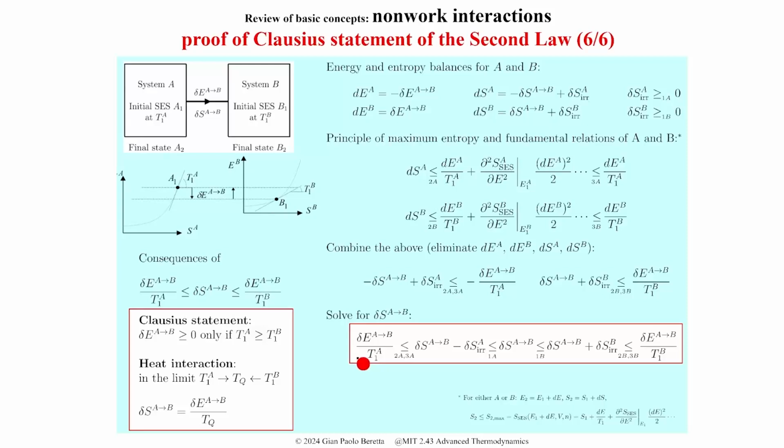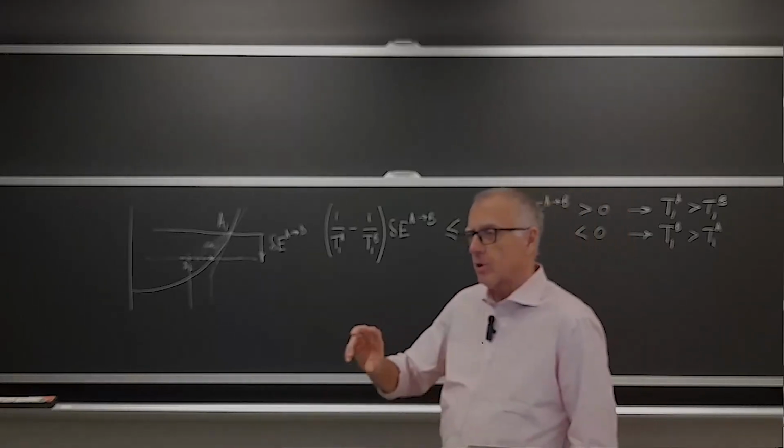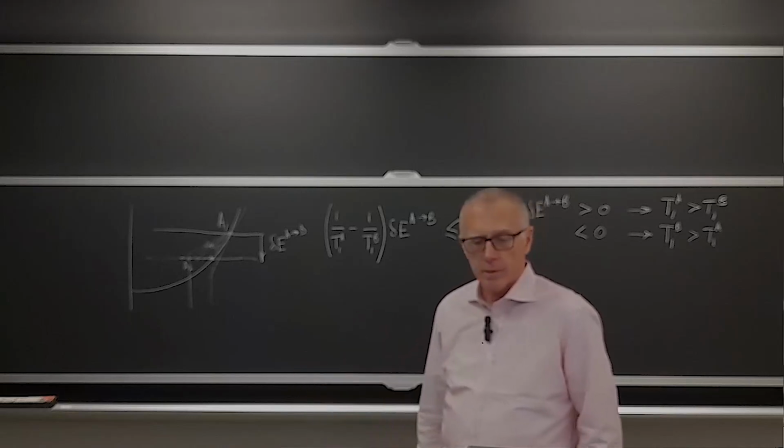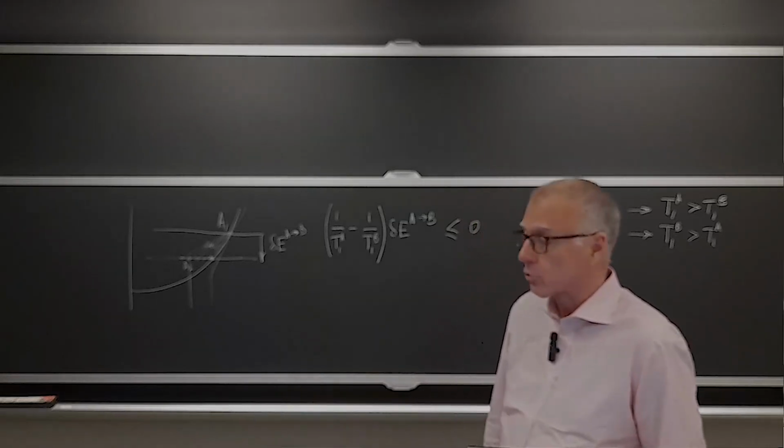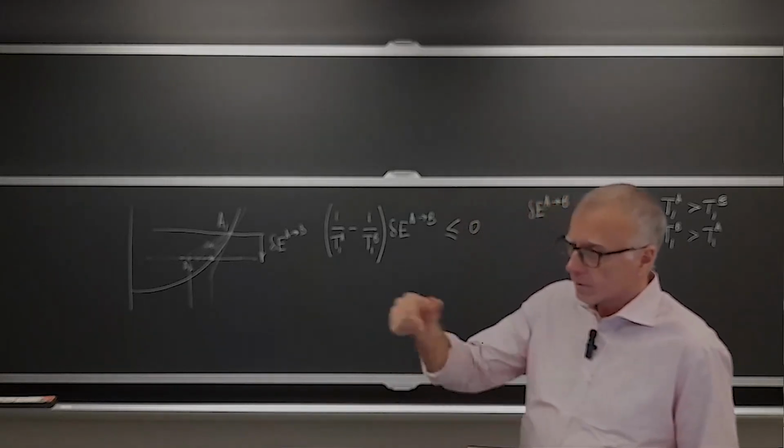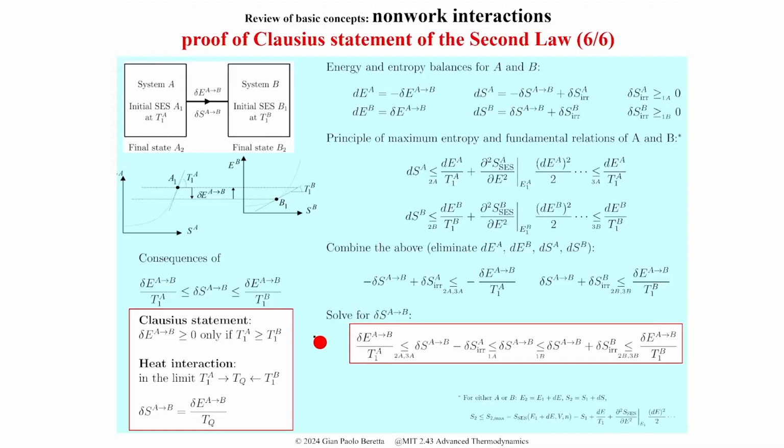And we are converging to the idea of a heat interaction, because that will be a heat interaction when the ratio of the energy to the entropy exchanged is equal to the temperature of the system that gives the energy.